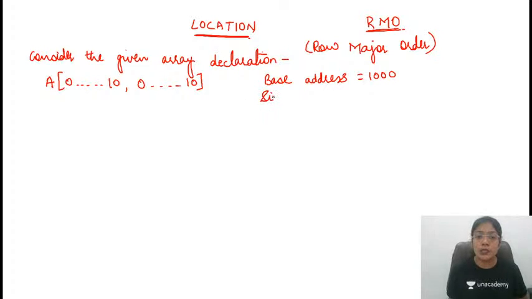The size of each element is given as 10 bytes. And you have to follow row major order.